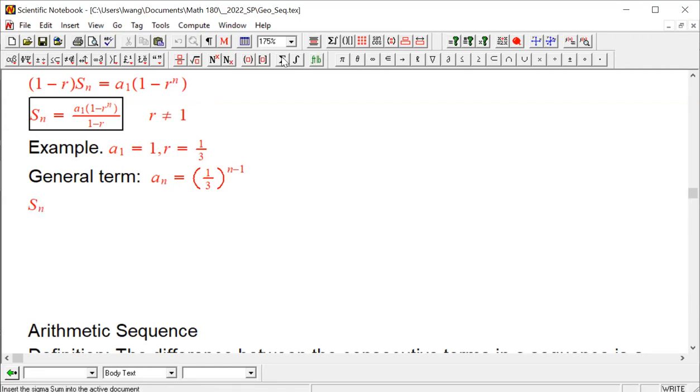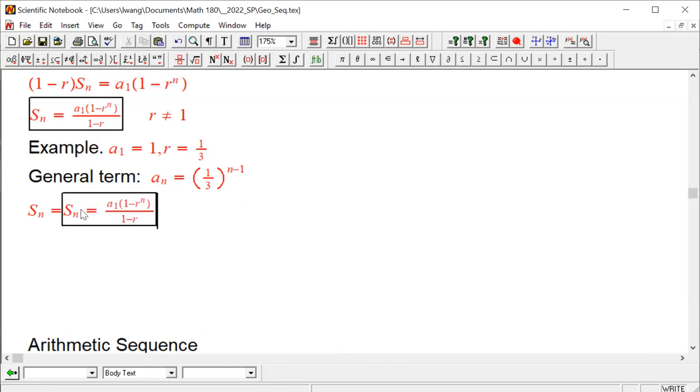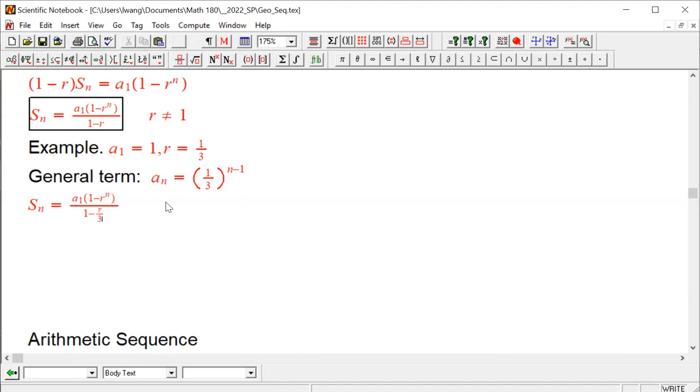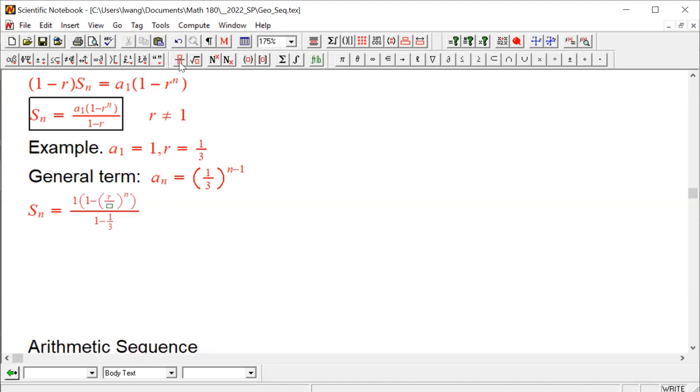S sub n is going to be equal to, all we have to do is just plug in the formula, with r equal to 1/3 and A1 equal to 1. The denominator is 1 minus 1/3, and because the numerator has a factor of 1, we can remove that.